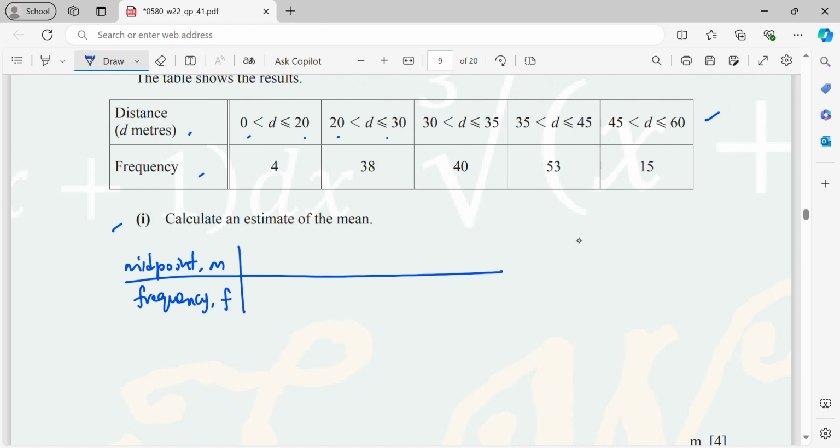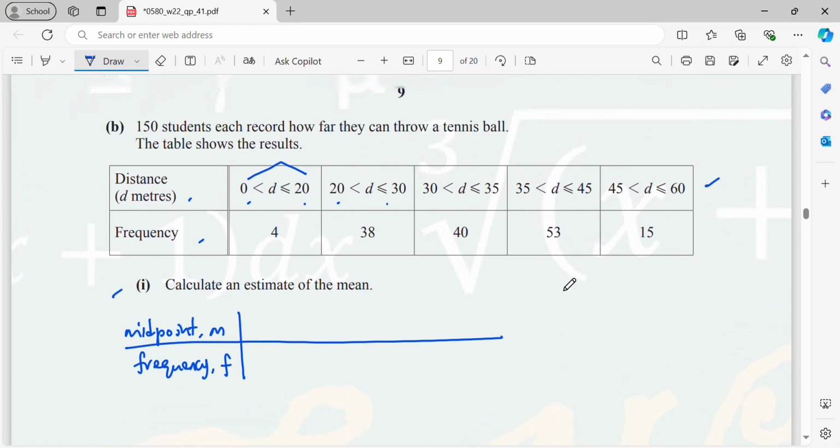Now, how to calculate the midpoints? Actually, midpoints will be the average of the limits. These two are called limits. To get the average, you add them together and divide by 2. So 0 plus 20 divided by 2, that is 10. So I will write 10 here and then 4. The next one, 20 plus 30 divided by 2, you are getting 25.